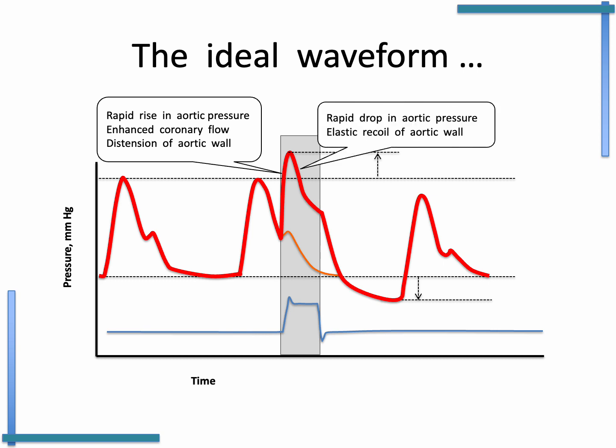And that distended wall of the aorta then recoils, and because of the elastic recoil of the aorta, we get this drop in pressure, and we eventually reach a point where we get what's called an aortic plateau. So you can see the pressure trace flattens out a little bit there, and at that point the balloon then deflates, which takes us all the way down to the reduced end diastolic pressure.